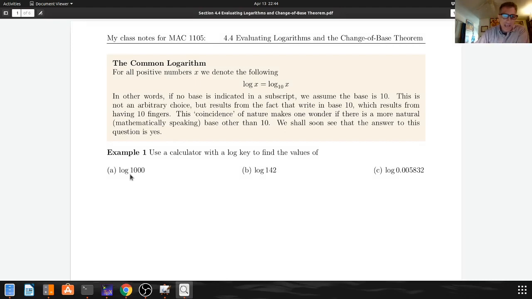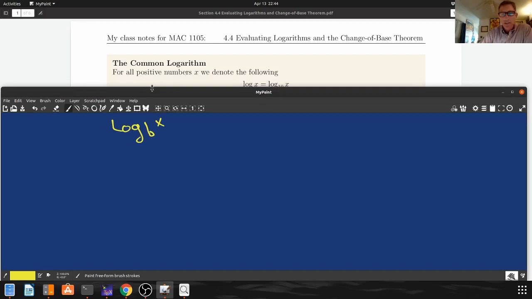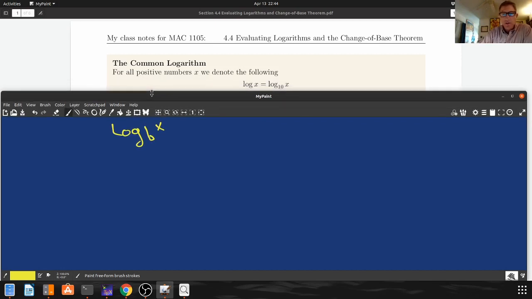So what we have is some notation. Before, you heard me complaining about it: we were given the notation log to the base b of x, and I was always complaining because at every turn they were changing the base around.